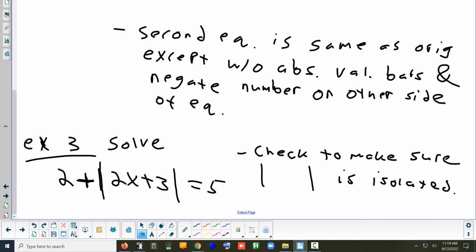If that was my problem, I would subtract 2 from both sides. Don't worry about what's inside here. Just worry if there's anything outside the absolute value, and get the absolute value by itself first. In this one, it already is.